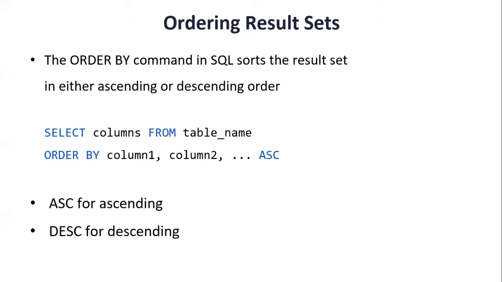That can be one or more columns. And to indicate whether it's ascending or descending order, we have to specify ASC or DESC. When we want ascending, we specify ASC, and when we want descending order, we specify DESC here.